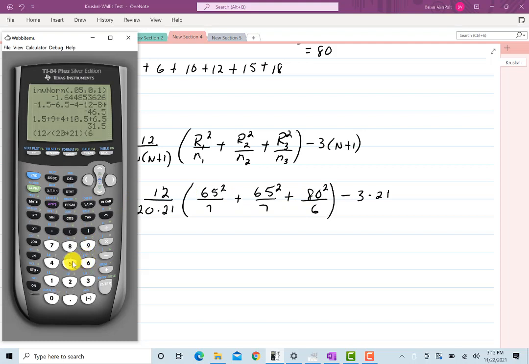So I get my 65, square it, divide by 7, plus 65, square it, divide by 7, plus 80, square it, divide by 6, finish that parenthesis, and then do minus 3 times 21. And I get roughly 1.966.